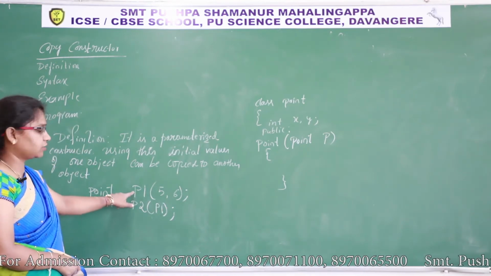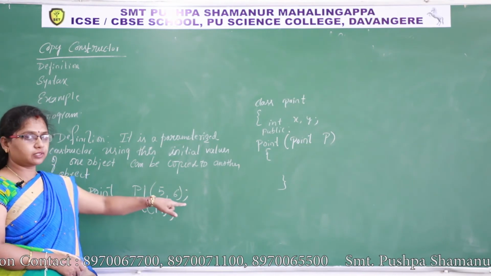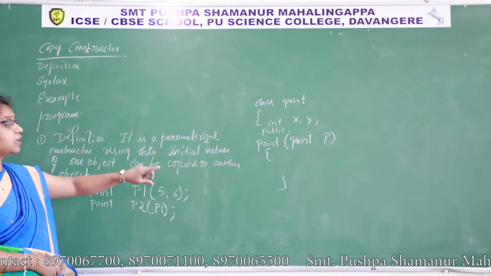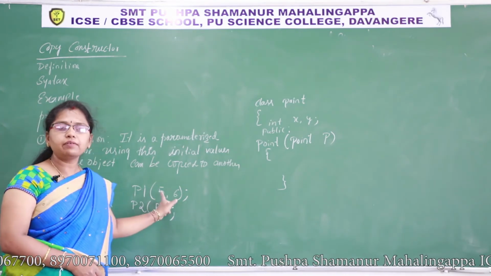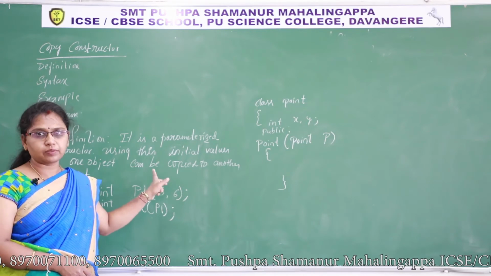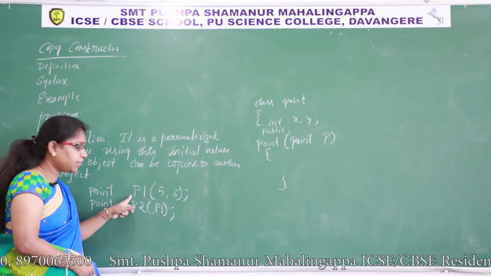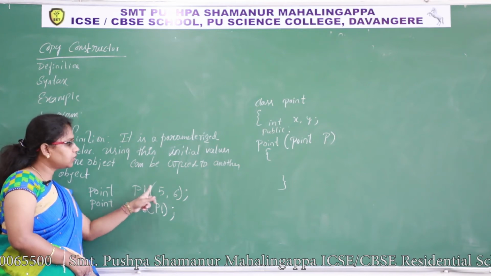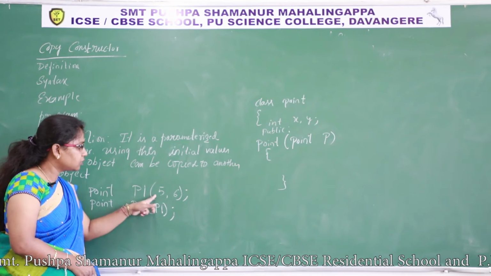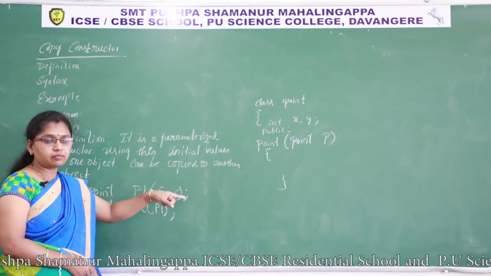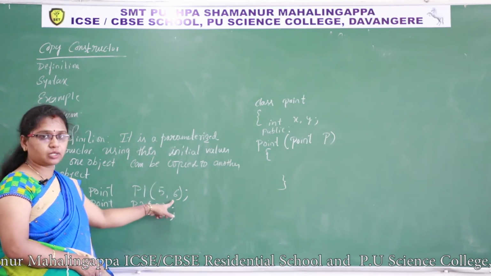For this constructor, for this object creation, there must be a parameterized constructor within the class that takes a basic data, that is 5 and 6. 5 and 6 are integer type. So what you have to understand from these two, when you create this object having two arguments, there must be a constructor with two arguments. Those two arguments are which type? Integer type.